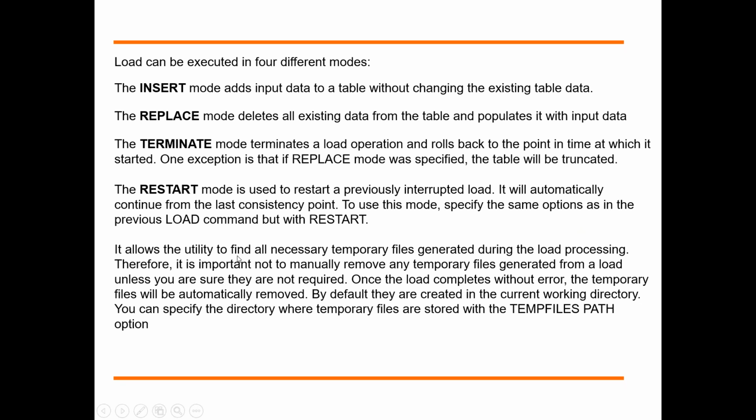It allows the utility to find all necessary temporary files generated during the load processing. Therefore, it is important not to manually remove any temporary files generated from a load unless you are sure they are not required. Once the load completes without error, the temporary files will automatically be removed. By default, they are created in the current working directory. You can specify the directory using temp files path.